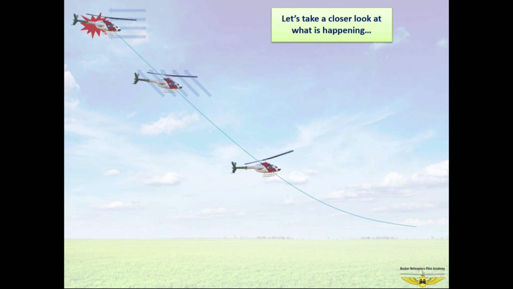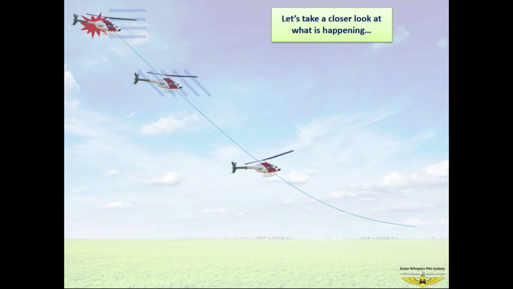But when we enter autorotation, we start a descent, and we change the direction that airflow comes through the rotor disc. Yes, we will still have some airflow on the nose, but now we also have a lot of air coming from underneath us because we're falling. Does that make sense? Yeah, that makes sense.